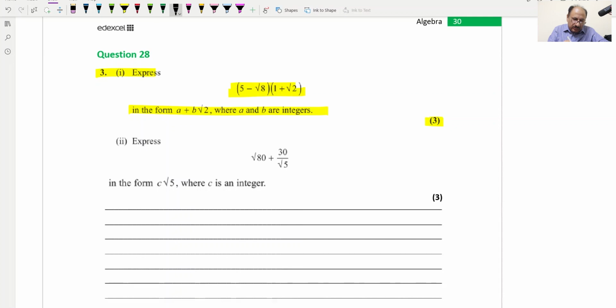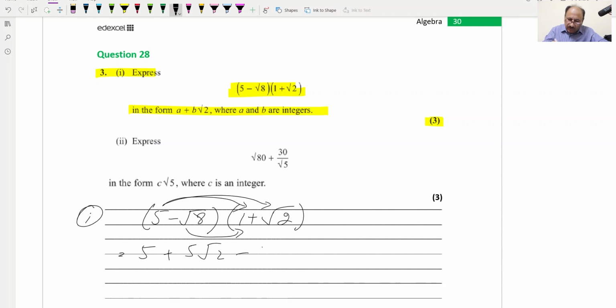So we can write I part, so it will be 5 minus under root 8 into 1 plus under root 2, and this will be, we can basically multiply 5 into 1 will be 5, 5 into under root 2 will be plus 5 under root 2, and minus under root 8 multiplied by 1 will be minus under root 8, and minus under root 8 multiplied by under root 2 will be minus under root 16.